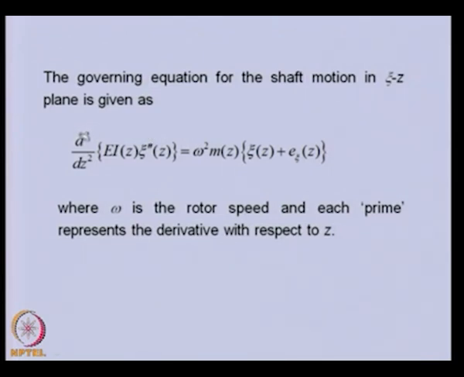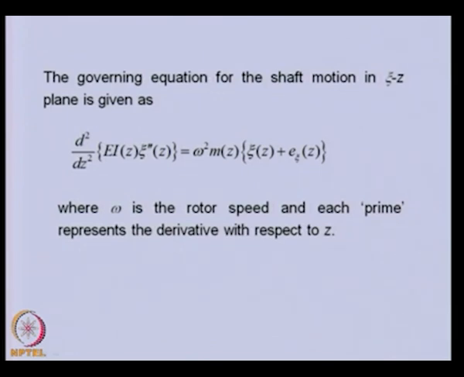This is the elastic component and this is the inertia component. Apart from the response, we have also included the eccentricity, and the time derivatives have come in the form of omega square because the rotor is rotating at omega speed. So basically this is the inertia force and this is the elastic force in the continuous system approach.